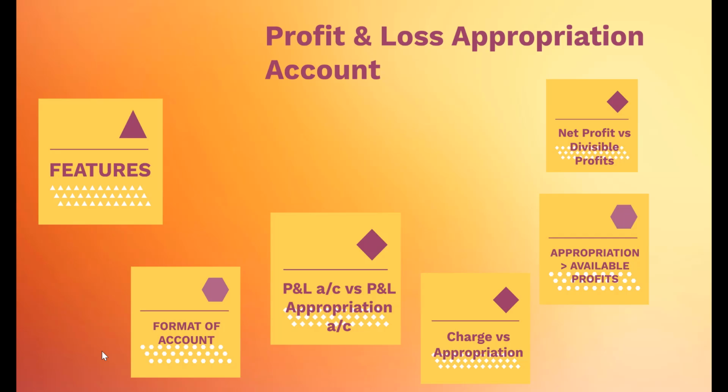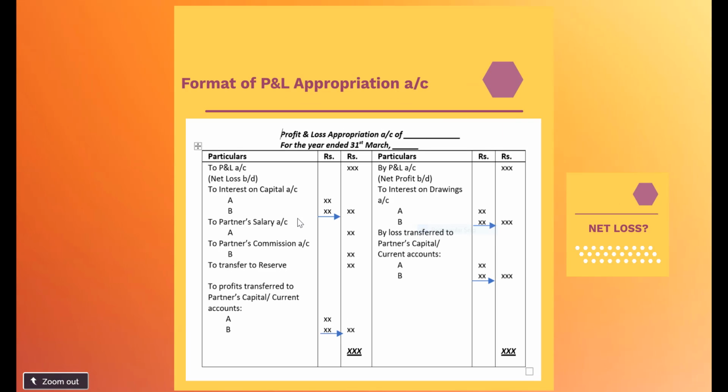Now that we've understood the difference between charge and appropriation, and the fact that appropriation can be made only to the extent of profits available, let's understand when the net loss as per the profit and loss account is brought down to the debit of the profit and loss appropriation account.